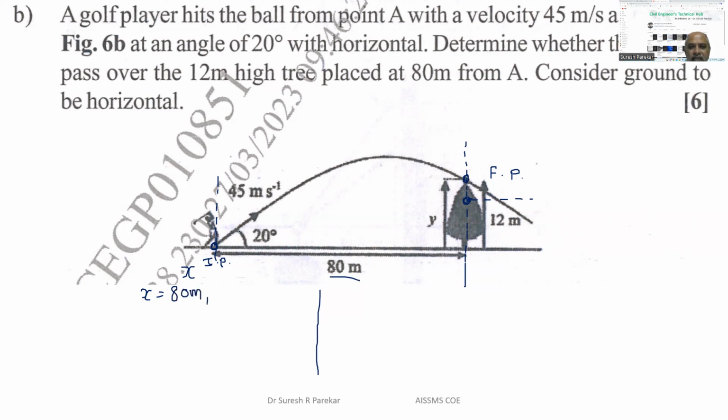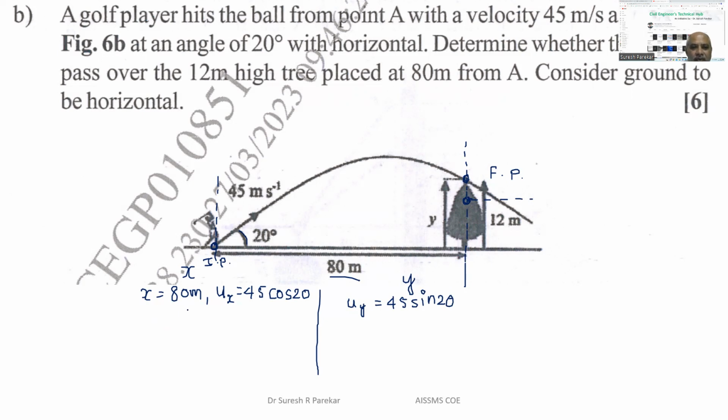What is the initial velocity in the x direction? With 20 degrees and 45, we have ux equals 45 cos 20. Then in the y direction, we do not know the distance, but we know uy is 45 sin 20. We have to find the value of y when x equals 80 meters.